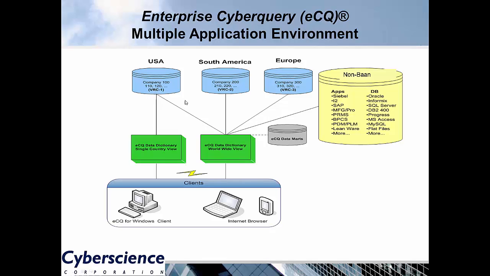Another user may see multiple tables or multiple companies or multiple VRCs, again, based upon their profile, same server. They may also see other applications, so they may see LN linked to SAP or Baan linked to MFG Pro or, you know, LN linked to Excel, whatever they happen to need.